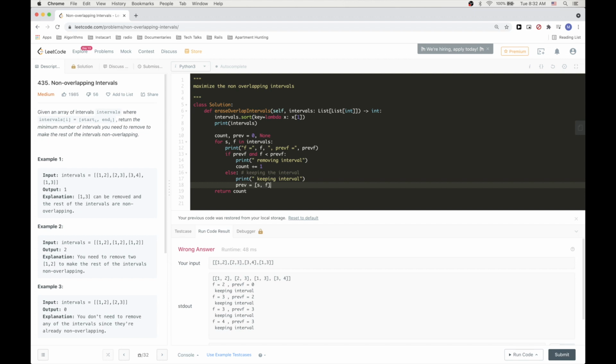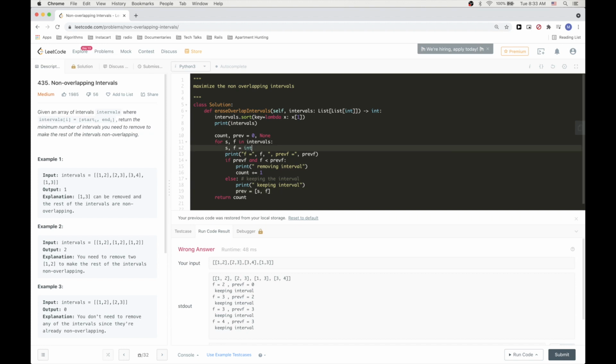So we do s, f equal to i. Now only if s is smaller than prev 0, or f is smaller than prev 1.